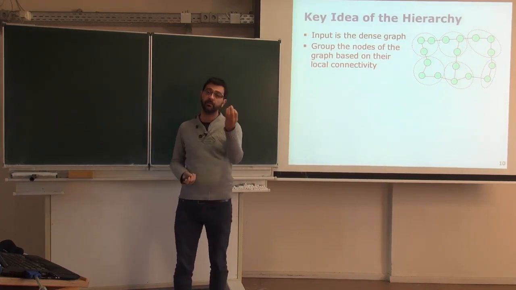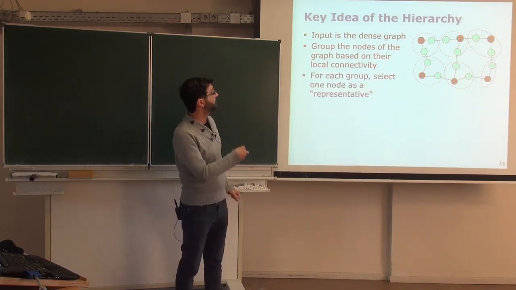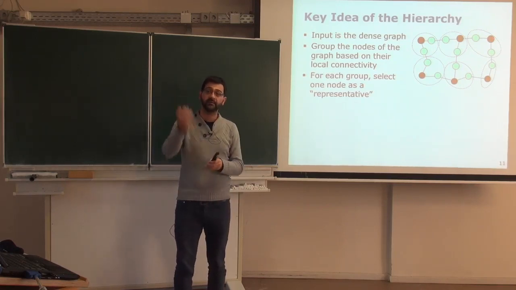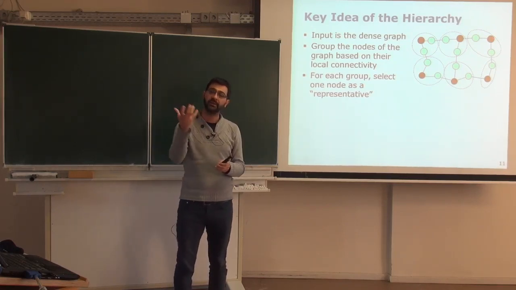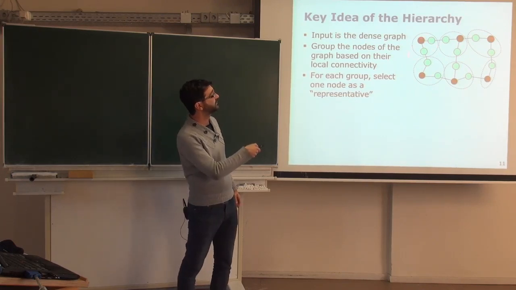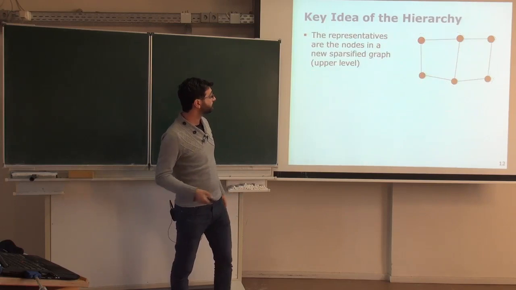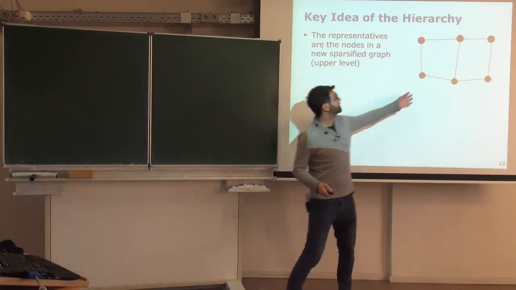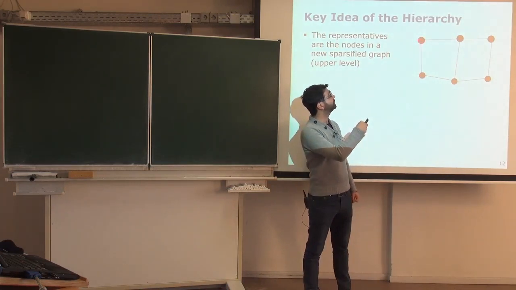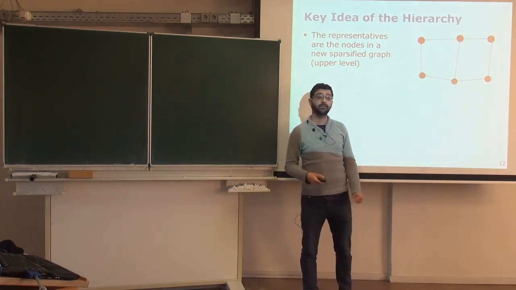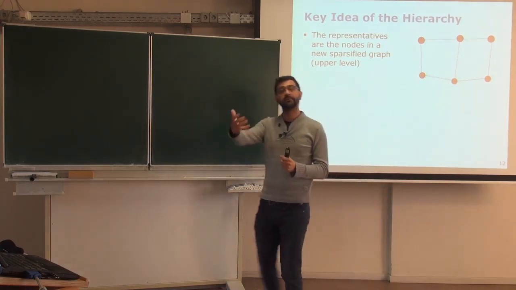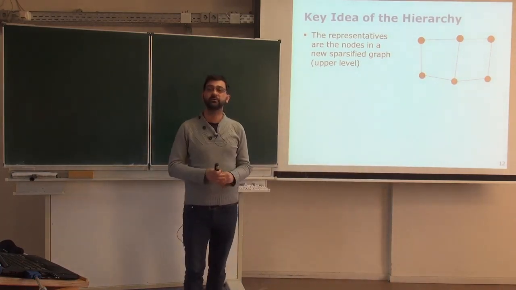In principle, the idea is that we have a method for computing these clusters, which are nearby in space. For each of these clusters, we select a representative node, which is an anchor for the specific cluster. Then we abstract another graph on top, where we only use the representatives as nodes, and we compute these measurements from the full graph that was down there.